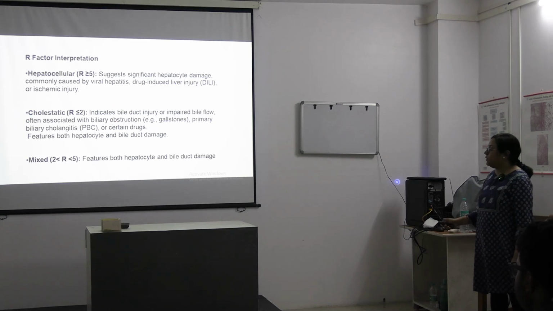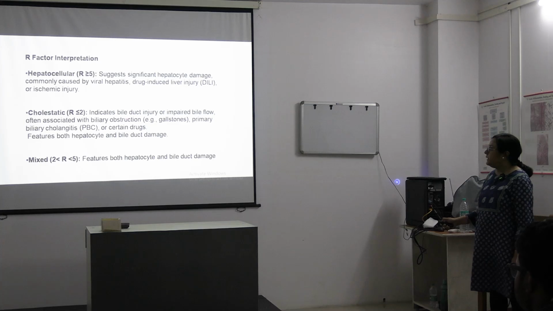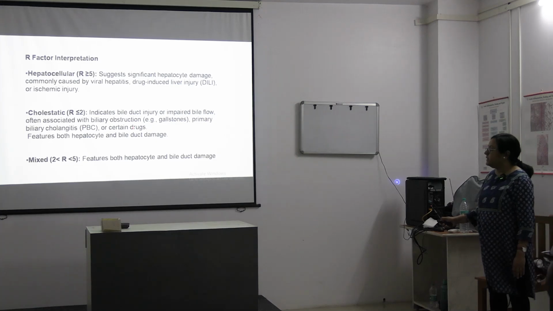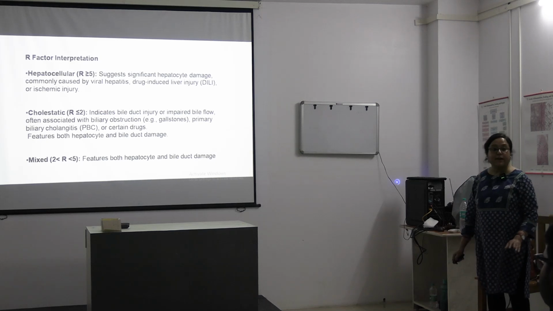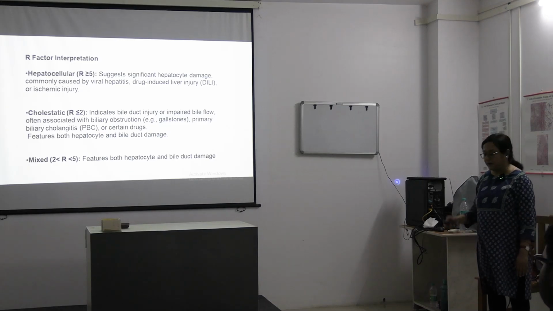The cholestatic causes, where the R is less than or equal to 2, it indicates bile duct injury associated with biliary obstruction, as in gallstone, primary biliary cholangitis or certain drugs. And in mixed cases, where the R is between 2 and 5, it represents both hepatocyte and bile duct damage.